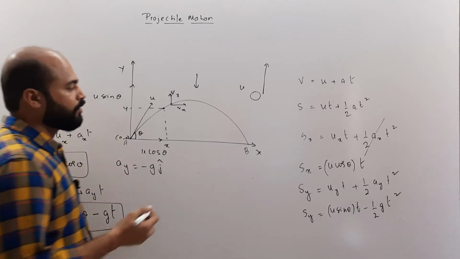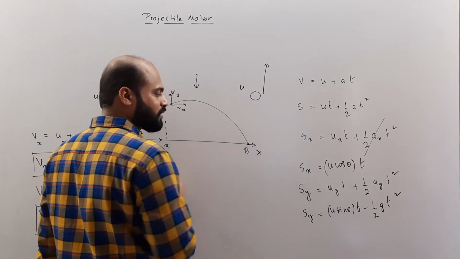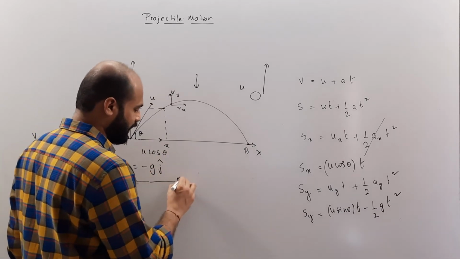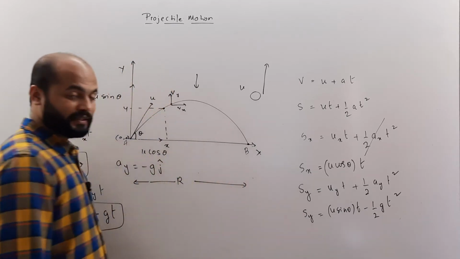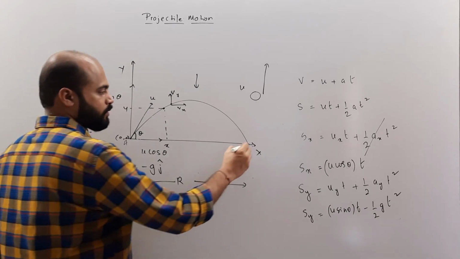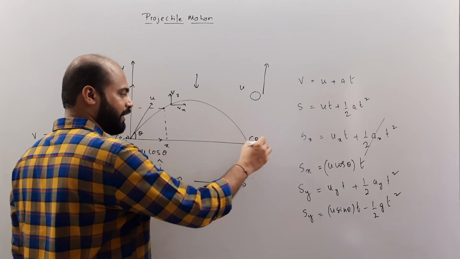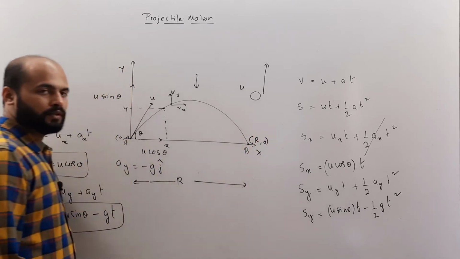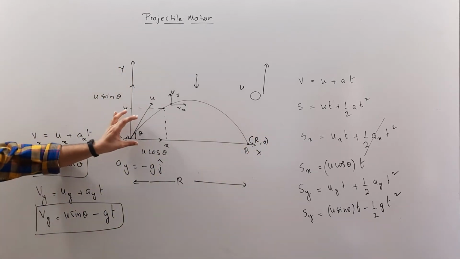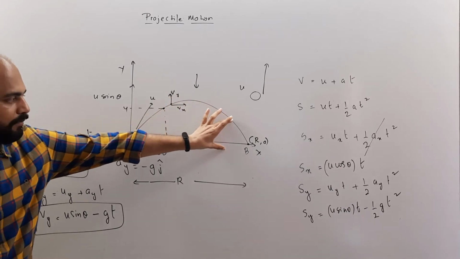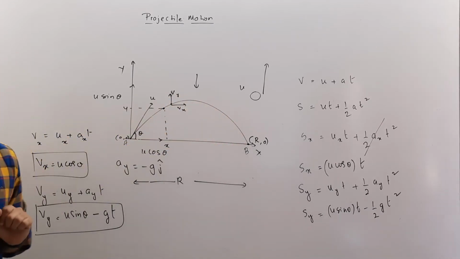However, if I consider this point, what is this point going to be? It's going to be this entire range that is covered in x. So x coordinate is going to be R, and y coordinate is going to be 0, because it has reached maximum y over here, then y keeps decreasing with time, then finally it comes to 0.